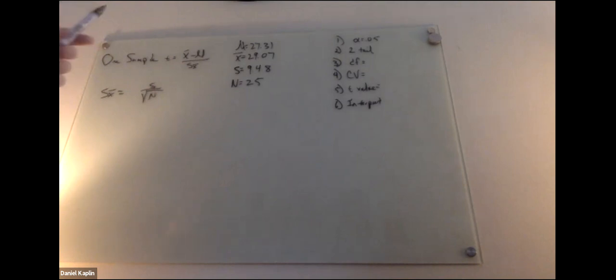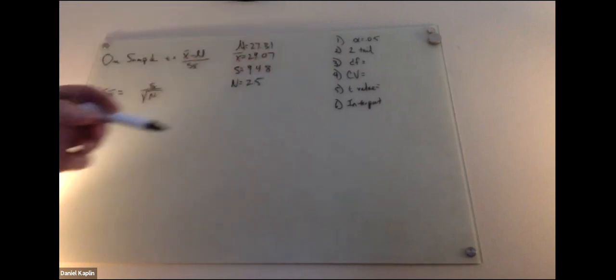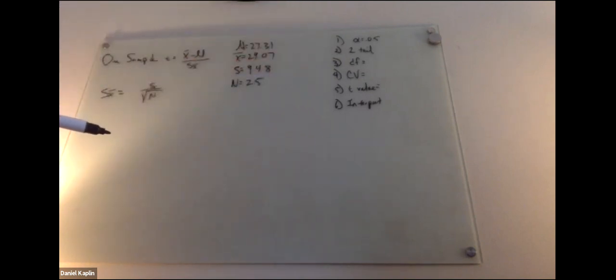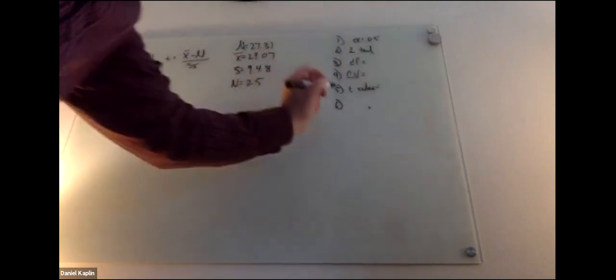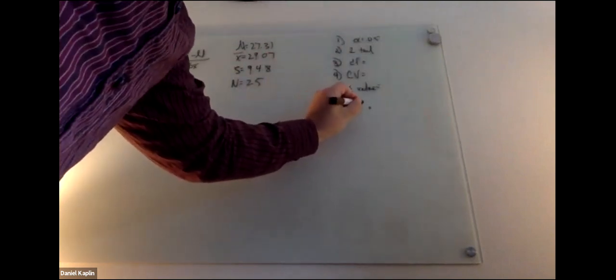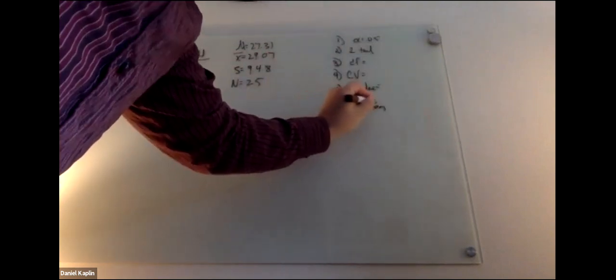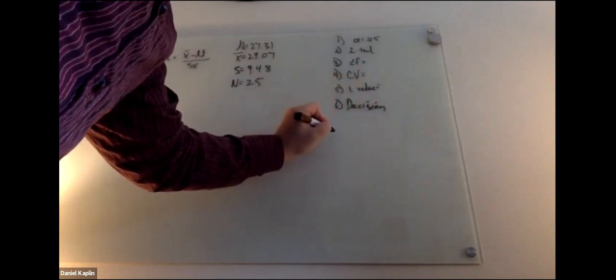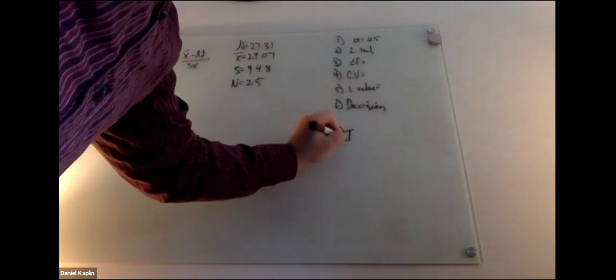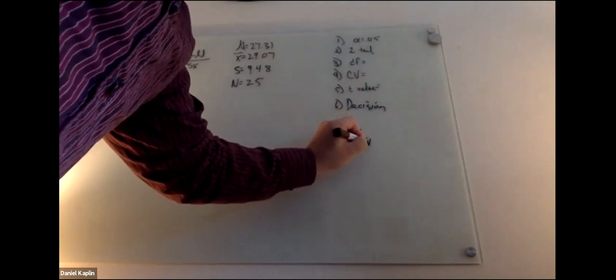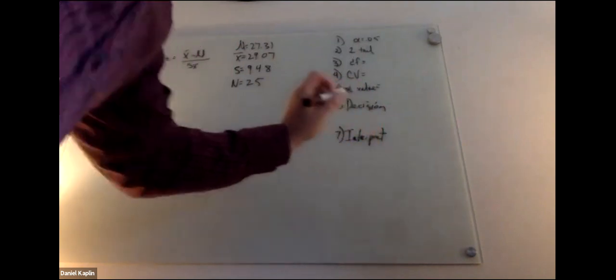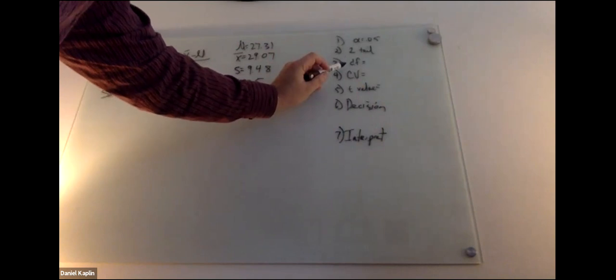So here we are. We're going to go through the steps, right? Actually, I'm going to say decision is here. I added something so we can actually follow the logic and then interpret. All right, because it's a t-test, we have to find our degrees of freedom.